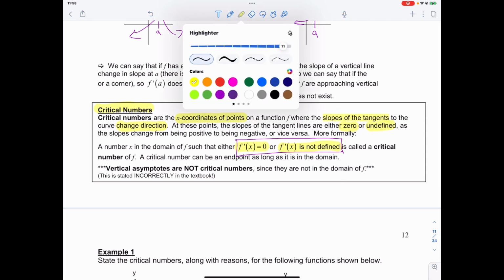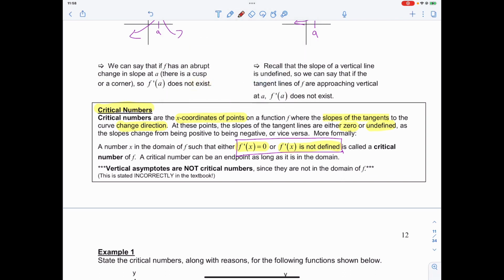It's important to note, vertical asymptotes are not critical numbers since they don't exist in my original function. So a critical number has to occur in my original function, even though it can not exist as my derivative.